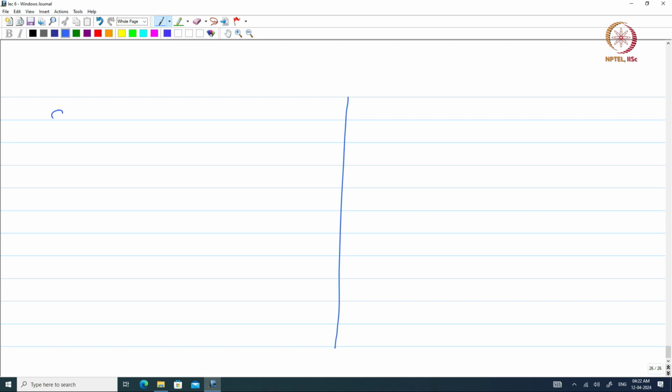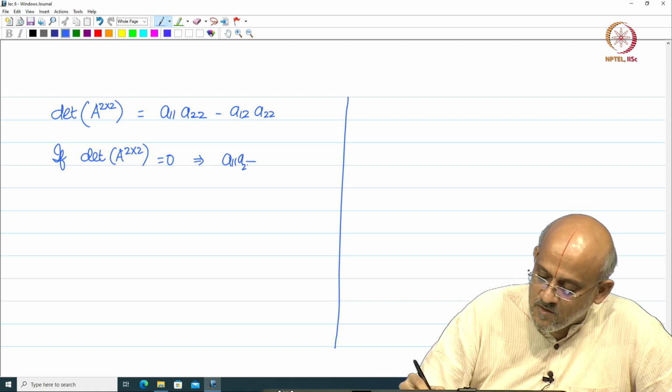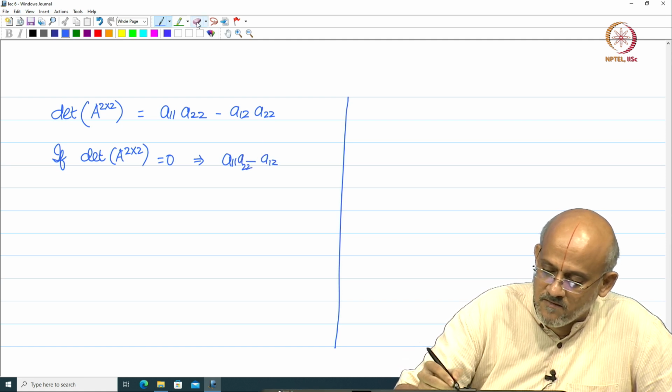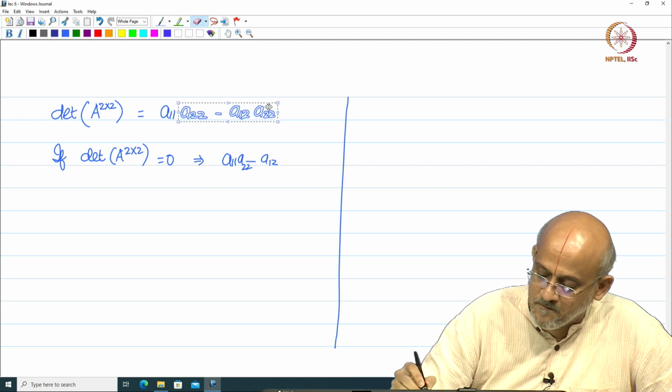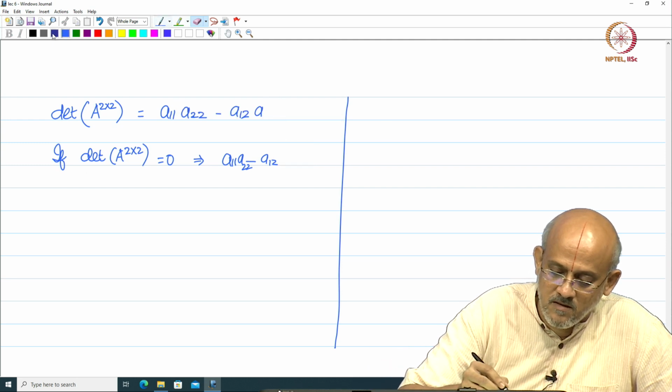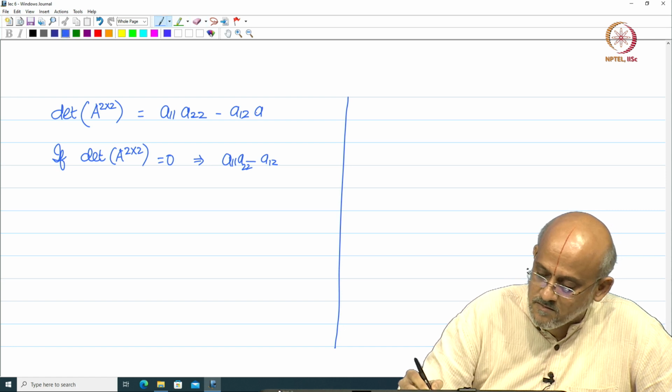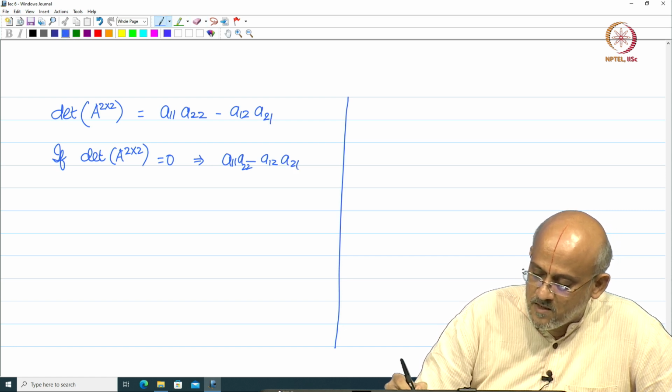So, how did we define the determinant? Determinant of A, 2 by 2, is A11 A22 minus A12 A21, and if it is 0, this simply means A11 A22 minus A12 A21 is equal to 0.